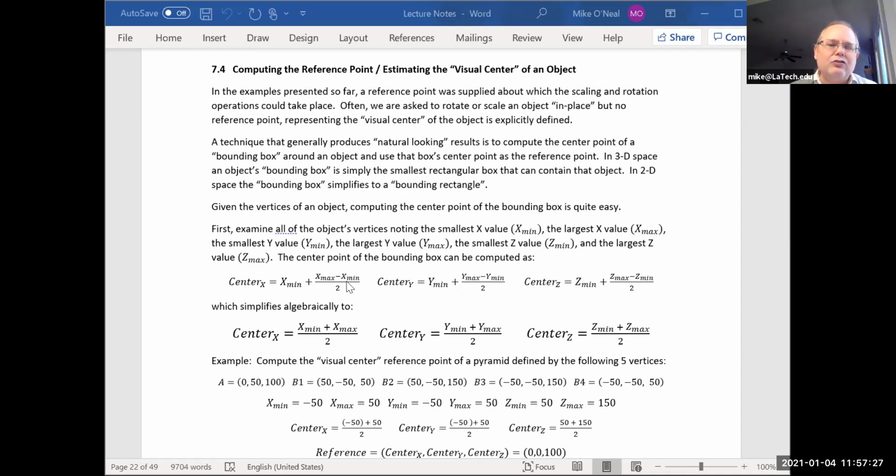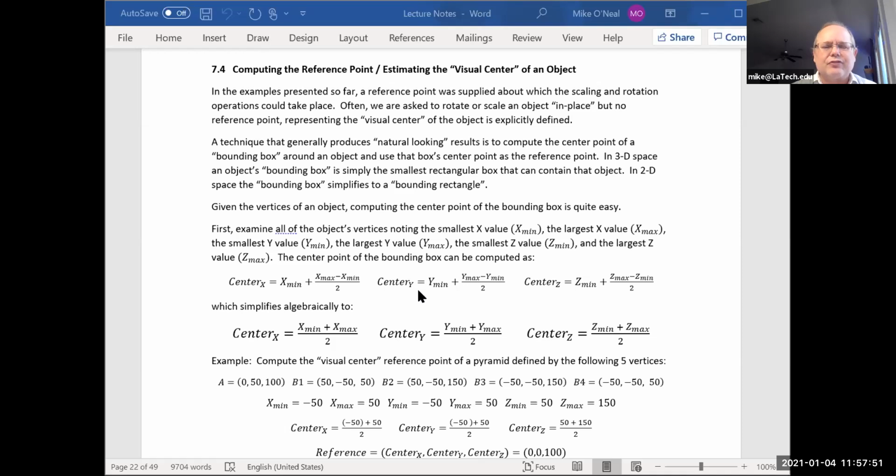And once you've got that, you can plug them into a formula to find the center point of this bounding box. If I take the max minus the min and divide by 2, that'll be halfway in x, and then add in where we started in x.